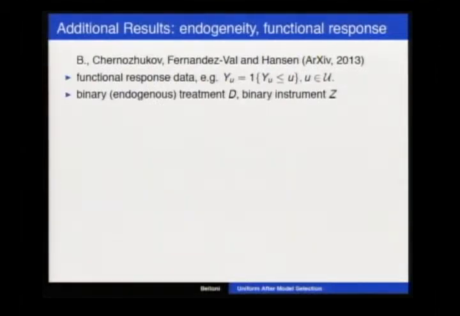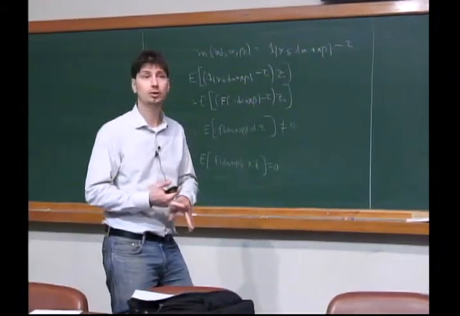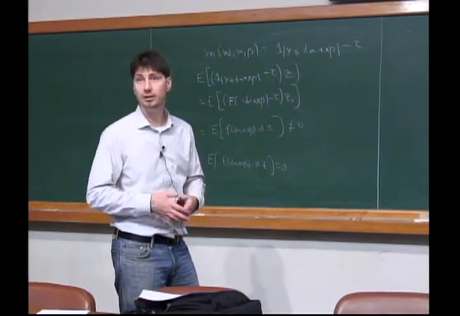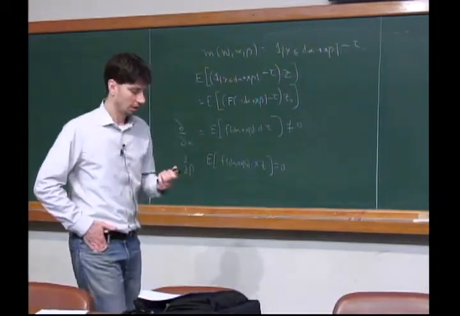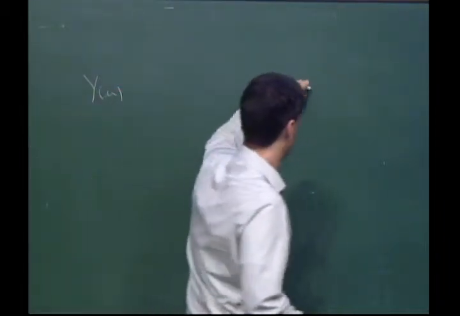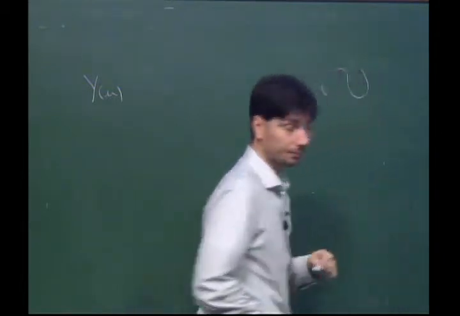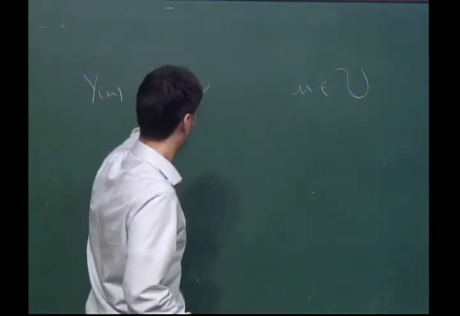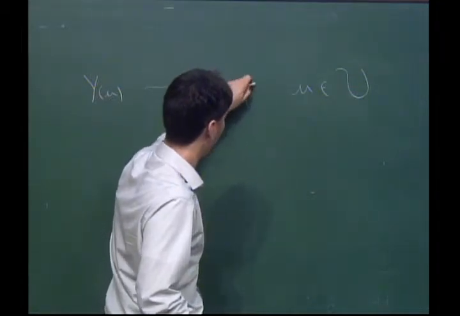And then we have some additional results for more general models. In particular, we allow for endogeneity of the model. So basically, the estimating equations are biased. As long as you have additional instruments, you can do it. But we also extended the analysis for functional data. So my y is now indexed by some u, and u lives in some set. What that boils down to is that for every u, we're going to get an alpha u and a beta u.